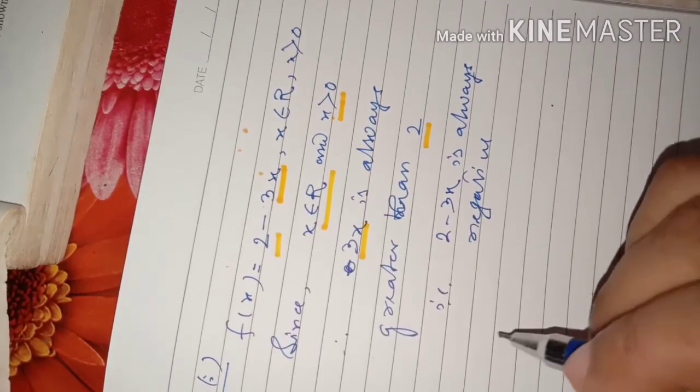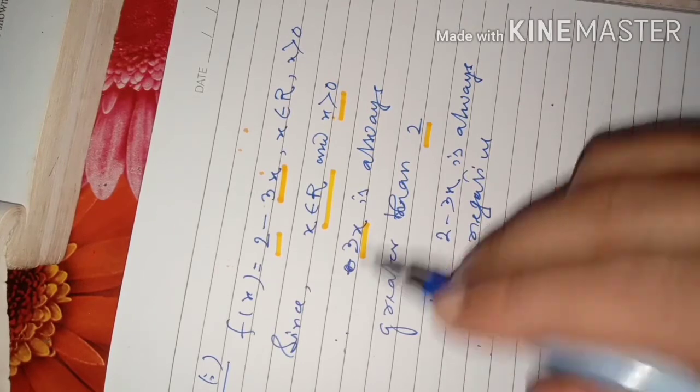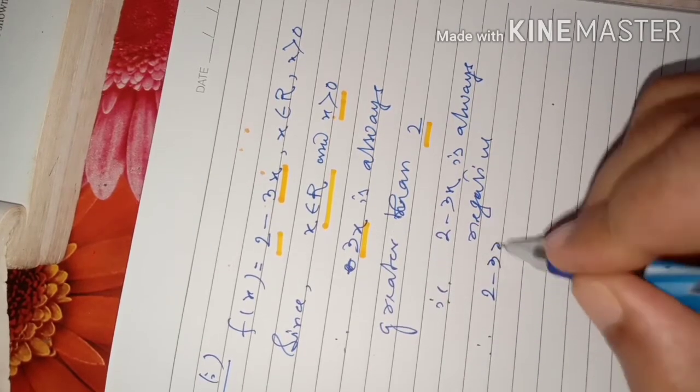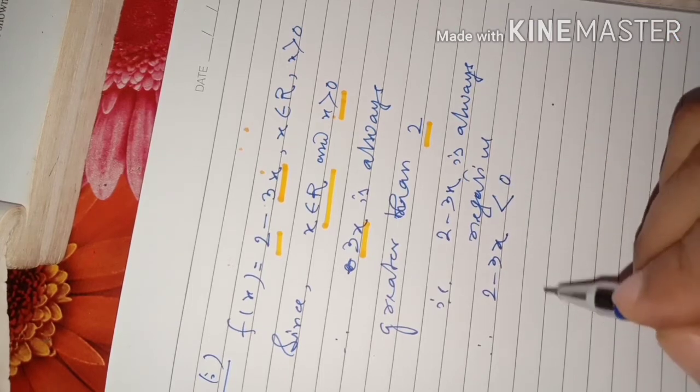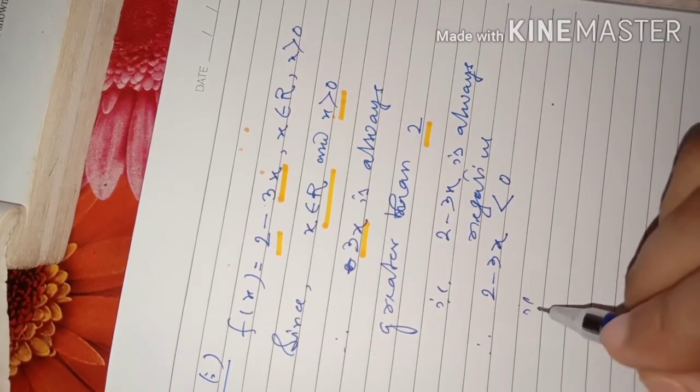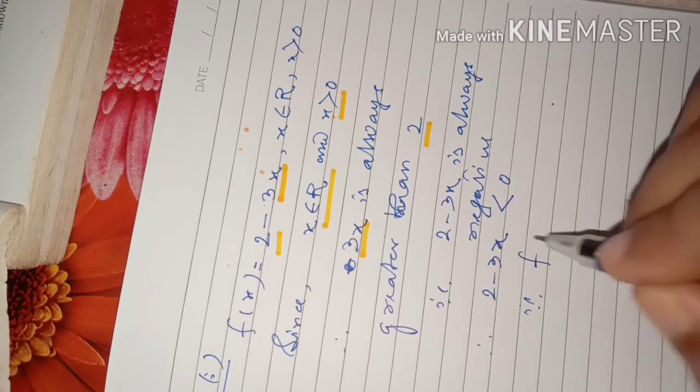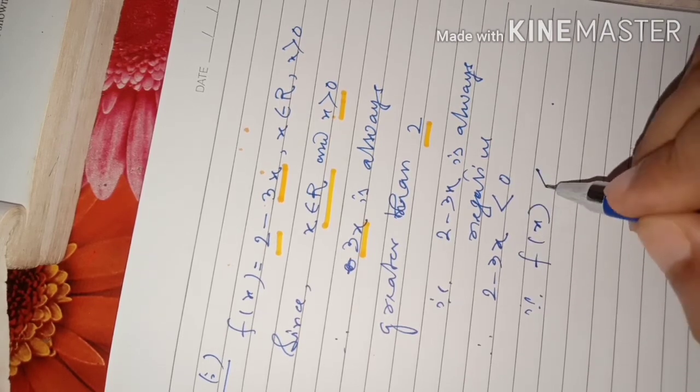Therefore 2 minus 3x is less than 0. That is, f of x is all the time less than 0.